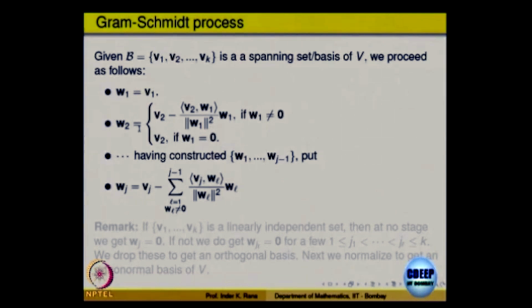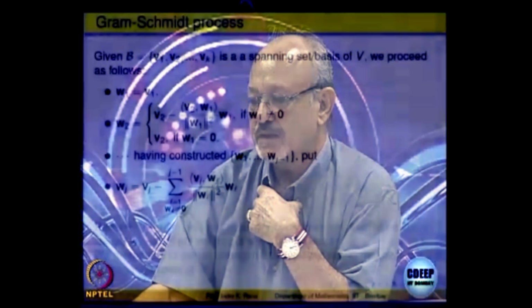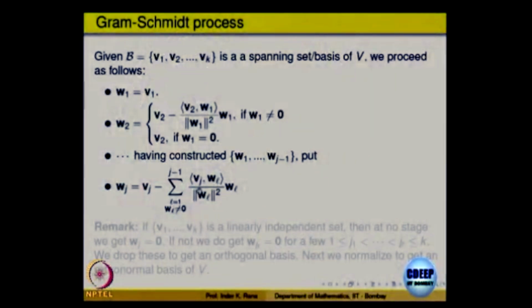And you go on doing it inductively up to j minus 1, you have done it, you want the next one, so what is Wj? From Vj, remember that plane thing, of two of them you have gotten the plane, perpendicular one, the third one, drop the projection onto that plane now and remove that. So that is a projection on the remaining ones, j minus 1.